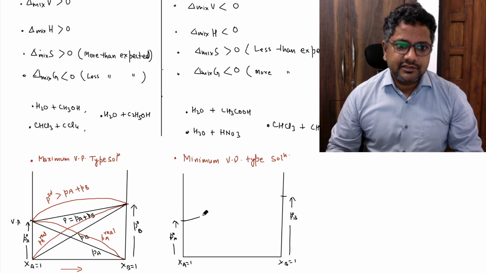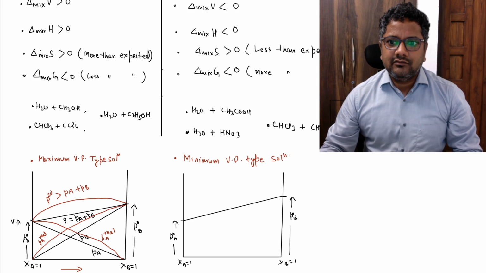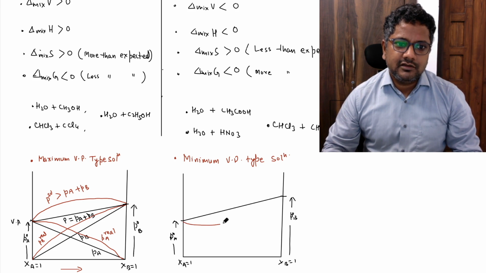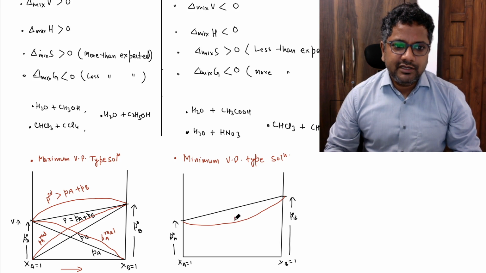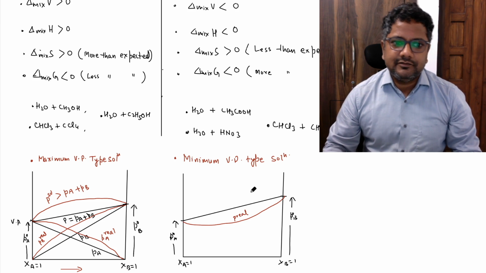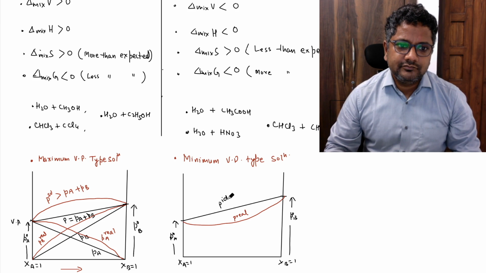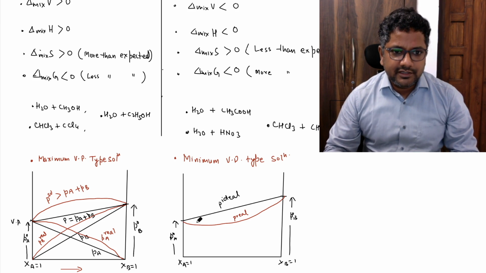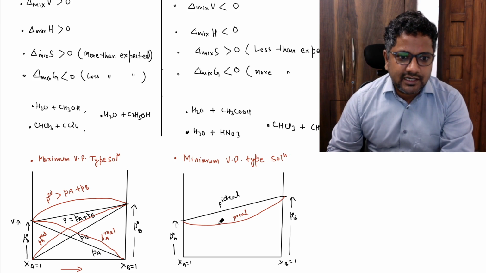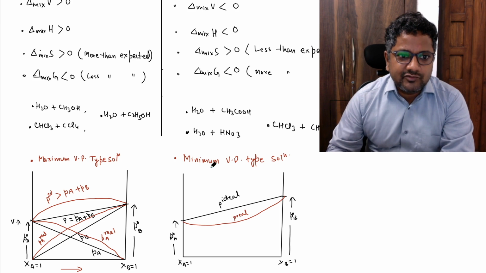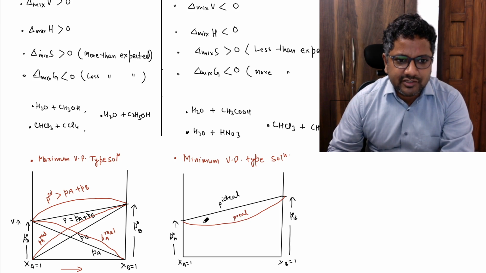So this is the ideal. So the real one is like this, right? So this is P real and this is P ideal. In this there is one point at which the vapor pressure is minimum. So this is called minimum vapor pressure type solution, right?